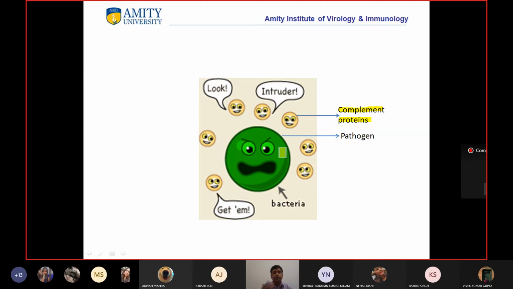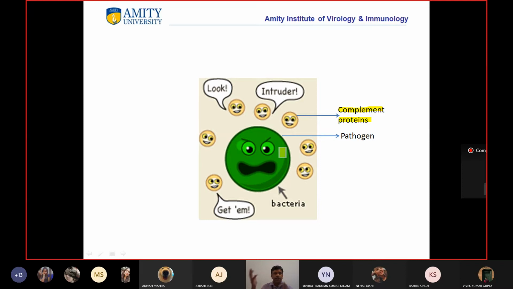So this is a kind of regulation in our system, because if the complement system is always on, then it can have a lot of negative effects. So it has to be ready, but in a switched off way, and whenever required, it should get activated.